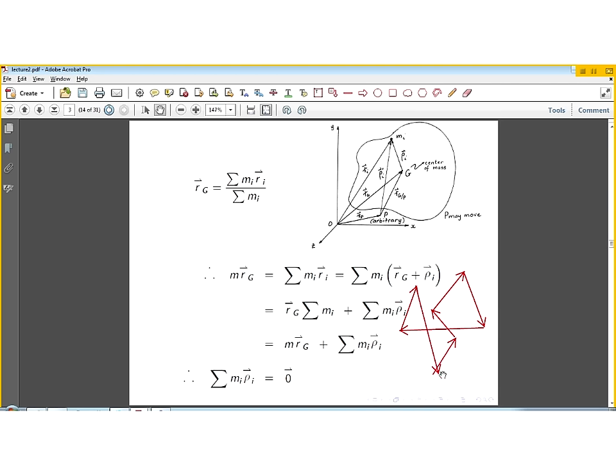So the moment I add the contribution of the last particle, mn rho n, to the summation on the left-hand side, I'll get back to the origin of my vector diagram, and the resultant will be zero. So if I add the product of the masses of all the particles with their position vector relative to the center of mass, I end up having a zero vector.